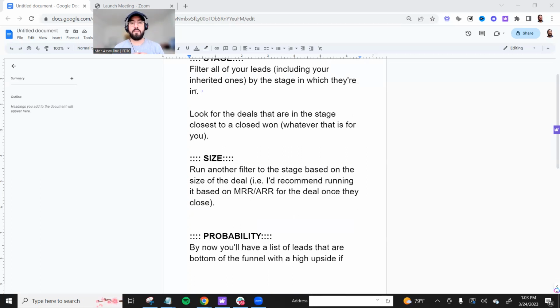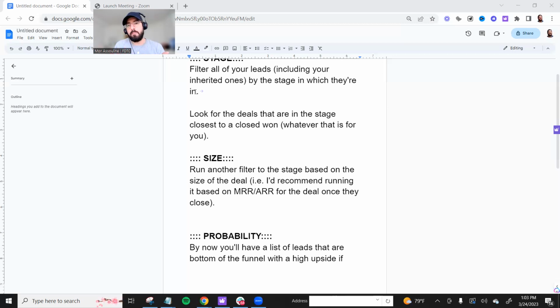You can run it based on the size in terms of the users or licenses of the deal, but since a lot of SaaS companies have different plans, low, medium, and high, these three different tiers, you could have a bunch of users on a low plan, but the total MRR or ACV or ARR, or whatever you use in your company, is less than two users on the highest plan. So what I would recommend is you run the filter based on the size of the deal, based on the amount of revenue that you're going to bring in from that deal.